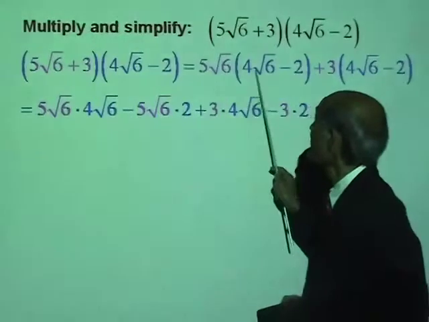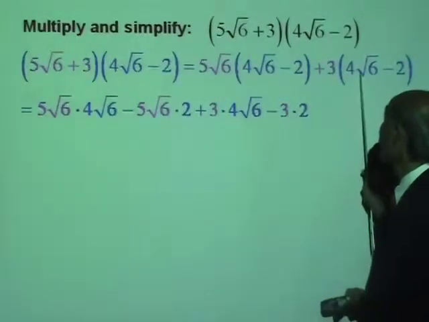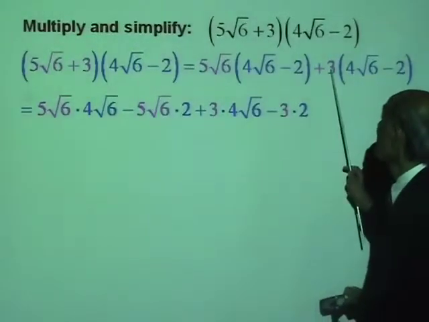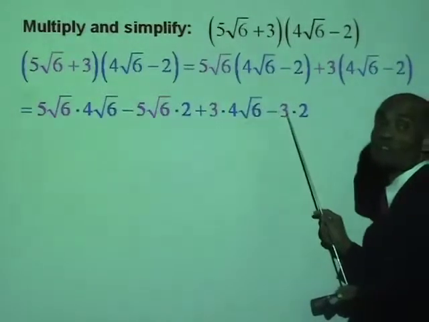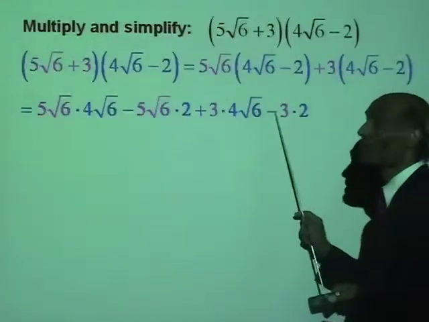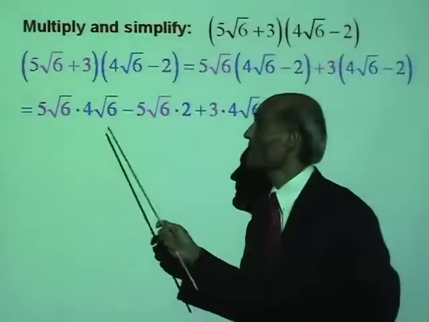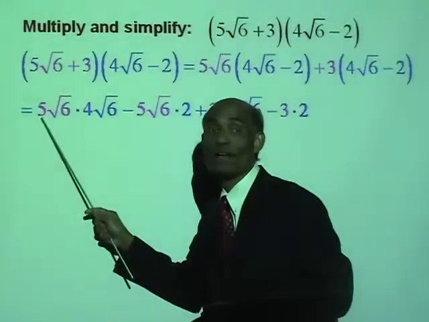So I finished multiplying this. Plus 3 times 4 square root 6. Plus 3 times negative 2 will be minus 3 times 2. Positive times negative becomes negative. Let's multiply. Now look at this one now. 5 times 4 can be multiplied.